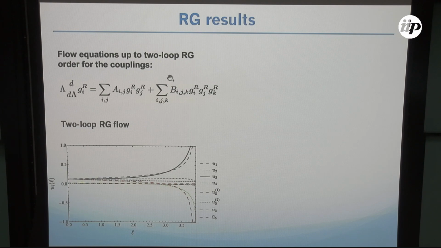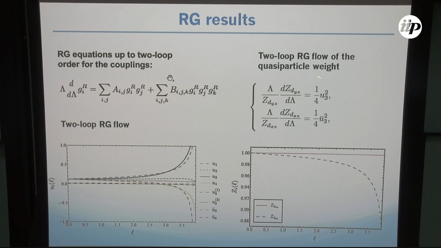Even though we start with very weak interactions in the beginning, these couplings shoot up, and they flow to a strong coupling regime as the energy scale flows to zero. As you can see here, many couplings flow to different values depending on the orbital content of the pockets. And of course, this is very interesting.